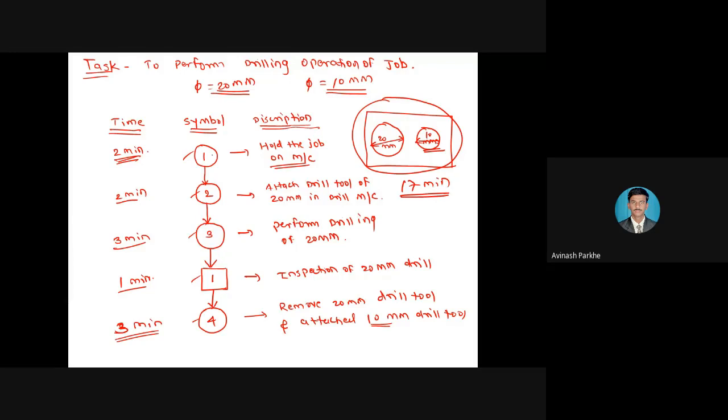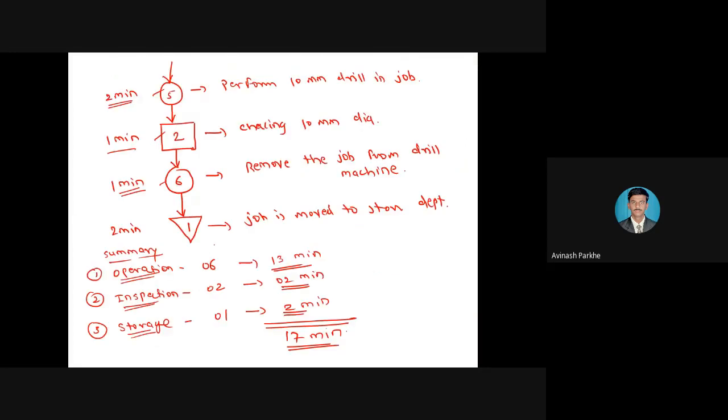At first, what I have to do. At second, what I have to do. At third, what I have to do. So through this chart, you will get the sequence of operations. And at the end, in the summary I have represented the number of operations performed, 6, number of inspections, 2, number of storage, 1, and their time is also represented in front of that.